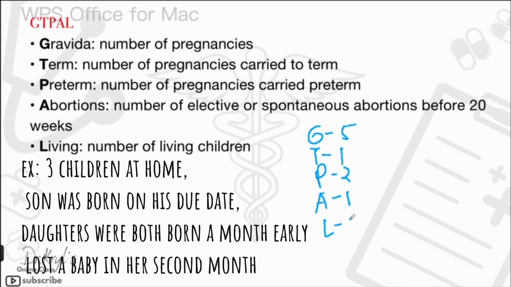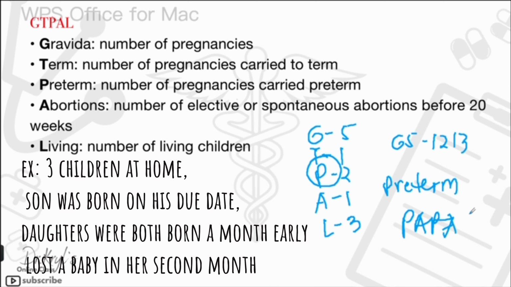Then the L, or living, is 3. Will you write it in the documentation? It's G5 T1 P2 A1 L3, because it's already GTPAL. Remember, the P is preterm, not para. Okay?